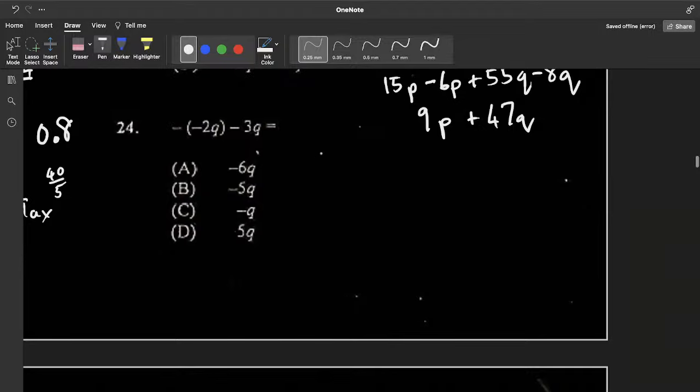So we'll end up with positive 2q. And then we have minus 3q. So 2q take away 3q, we'll end up with minus q.